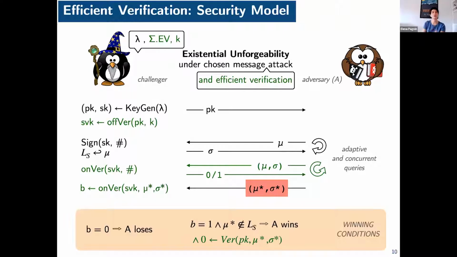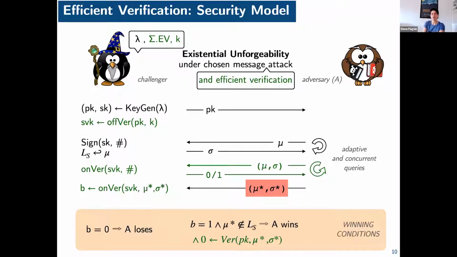In the key generation phase, the challenger also runs the offline verification algorithm and produces this short verification key, SVK. The adversary has the signing query phase as before, and in addition, it can also interact with the online verification algorithm, which will use the secret verification key on the given message and signature pair, and will return: do I accept or reject this signature?